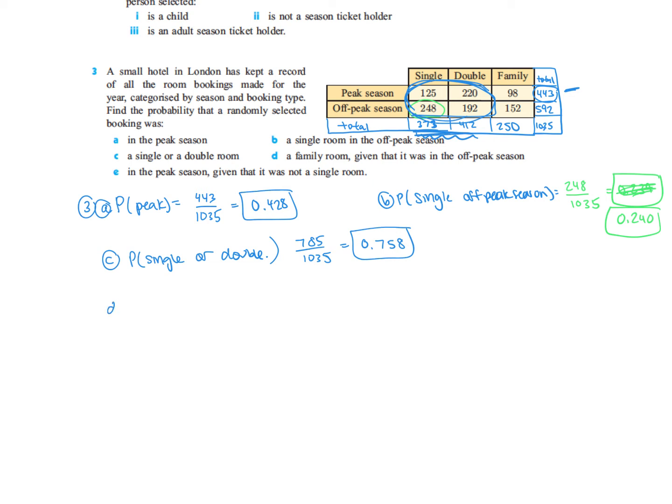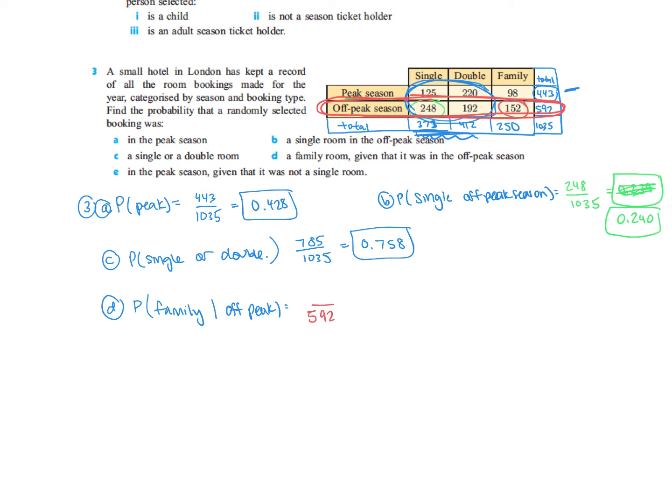Part D and E are a given that. So these are conditional probability. A family room, given that it was off-peak season. Given that means, I'm going to do this in red, we know it's out of the total off-peak season, so out of 592.